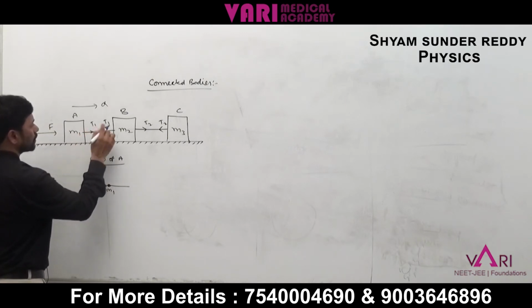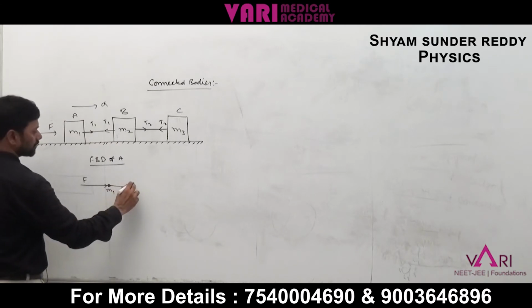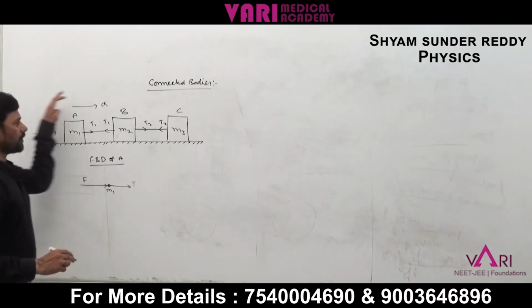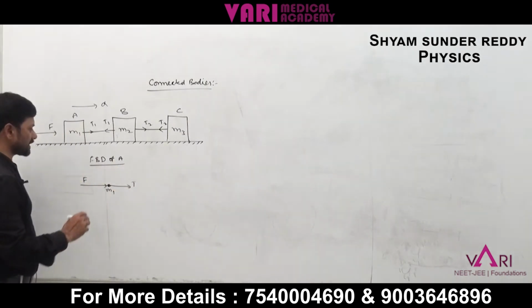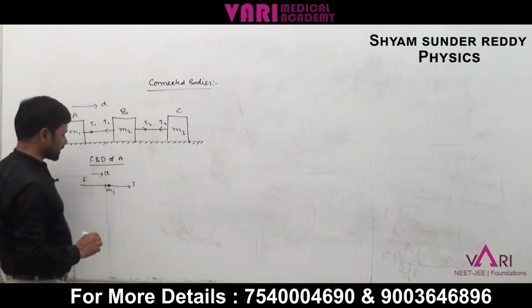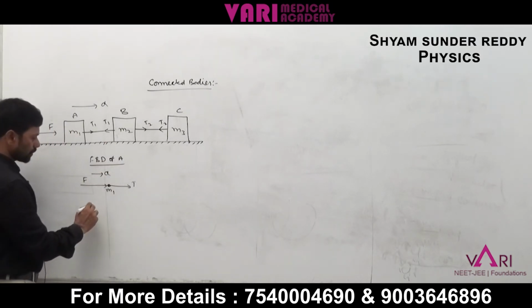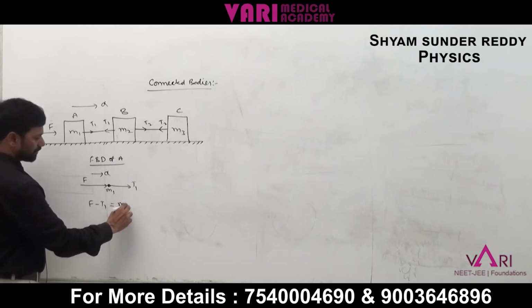Here it is tension T1. It is moving in the forward direction, that's why the applied force is more, tension is less, and this is the acceleration direction. So what can we write? F minus T1 is equal to M1A.